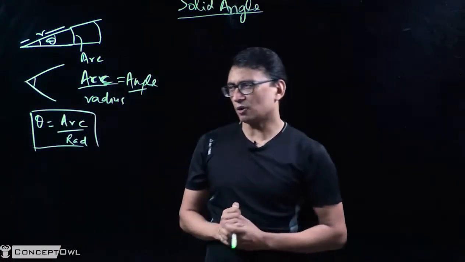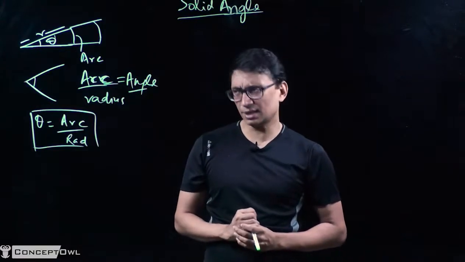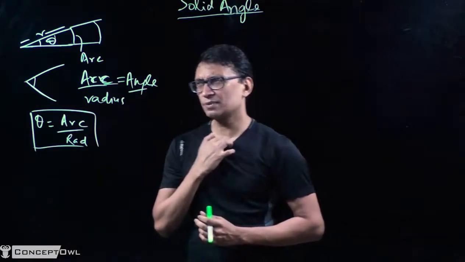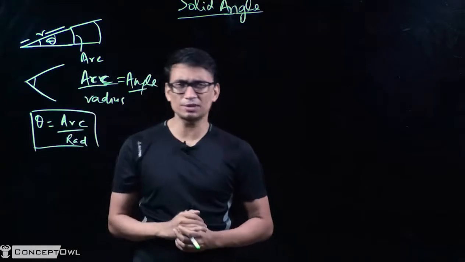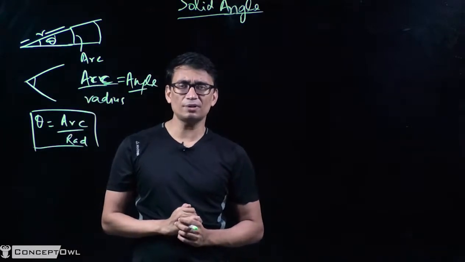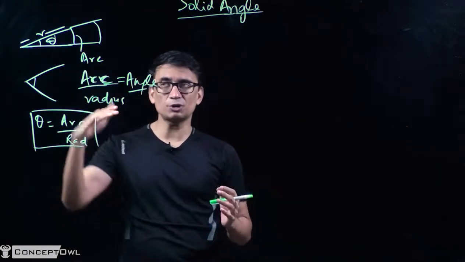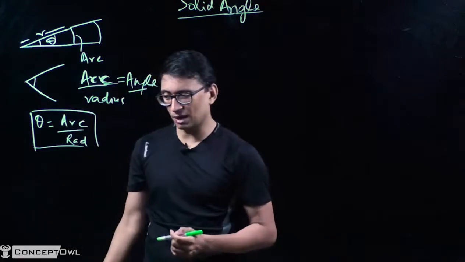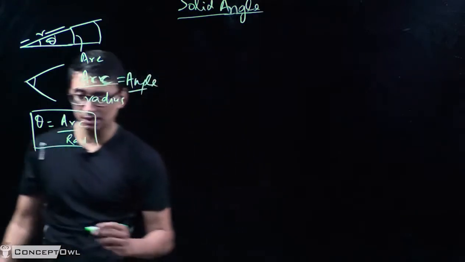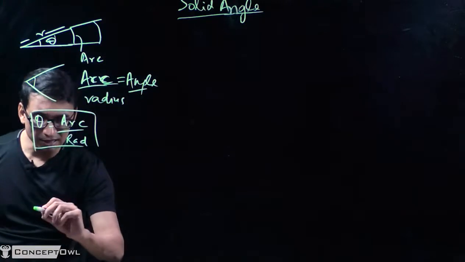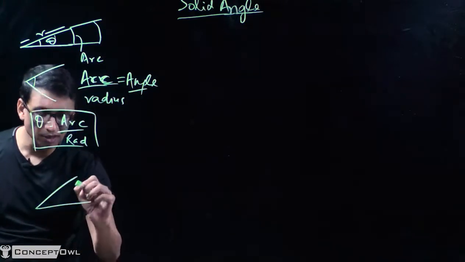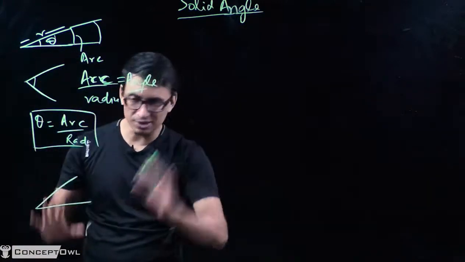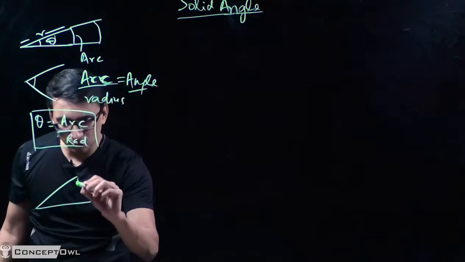Okay, now next question. Here this was a two-dimensional scenario. Now what if it's not two-dimensional? Let's say I'm talking about an ice cream cone, minus ice cream, of course, so the fun part is not there. Now this is the cone.